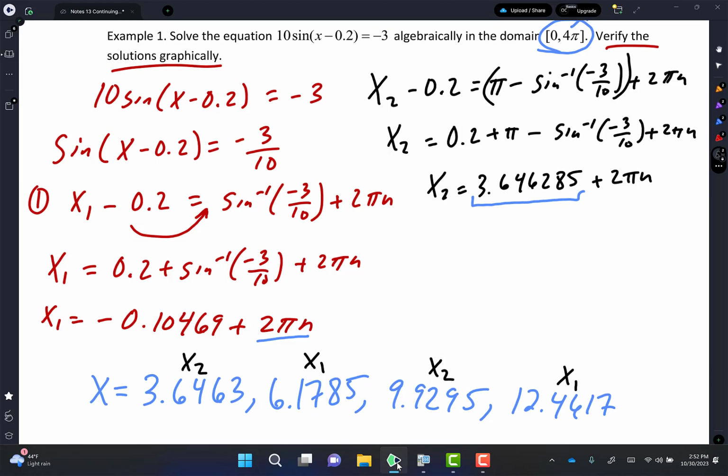So for the second, the 6.1785, I took the negative 0.10469 and I added 2 pi to it. For the 9.92, I added 2 pi to the 3.646. And for the 12.46, I added 2 pi to that one.